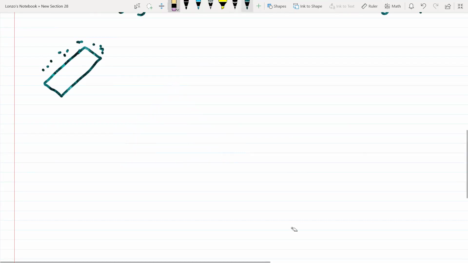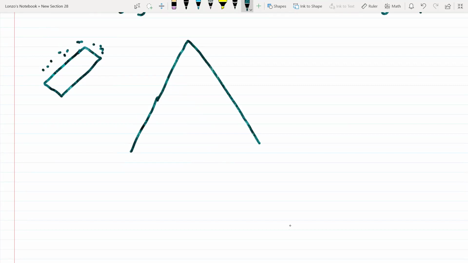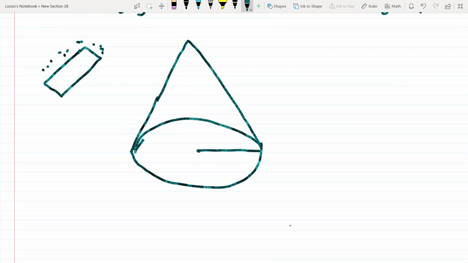It forms a cone like this. And here's the radius, and then here is the diameter. So yeah, it forms a cone.